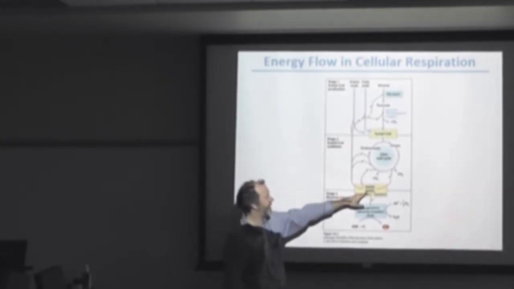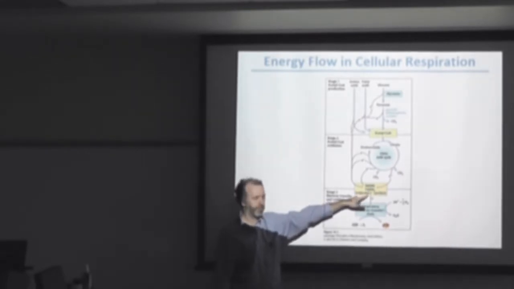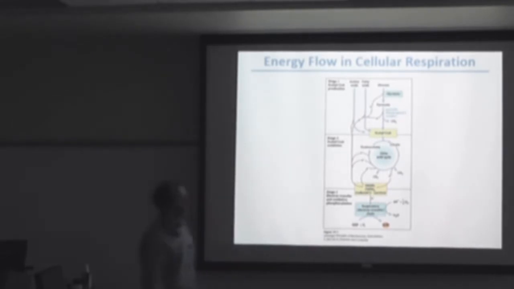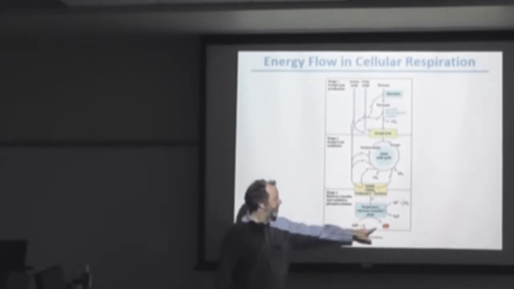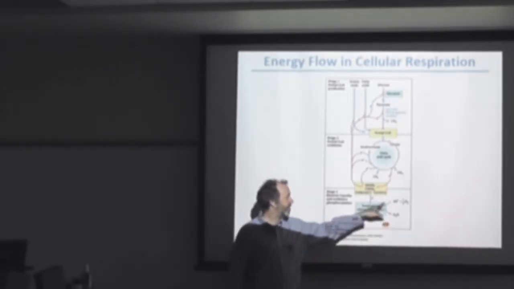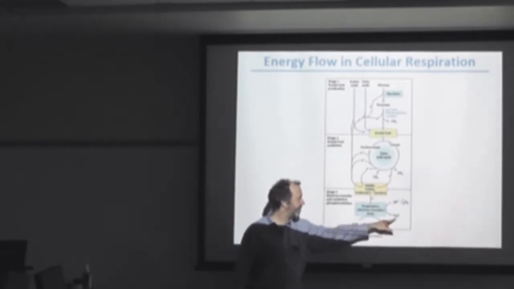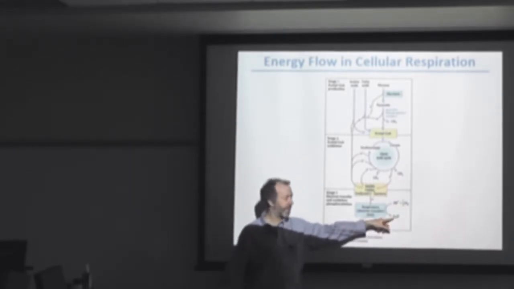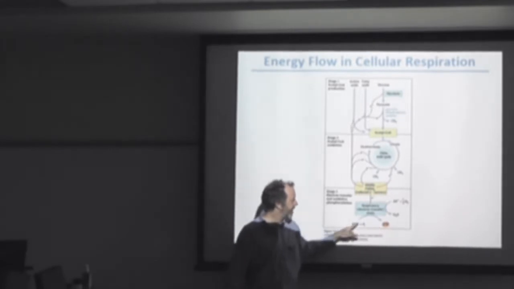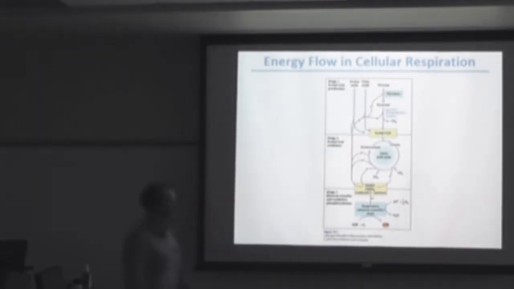And these NADHs and FADH2s, the reduced electron carriers, then transfer their electrons via the electron transport chain, and ultimately the electrons end up with oxygen. That's the ultimate electron acceptor to form water. We reduce the oxygen to water, and that energy is used to produce ATP.